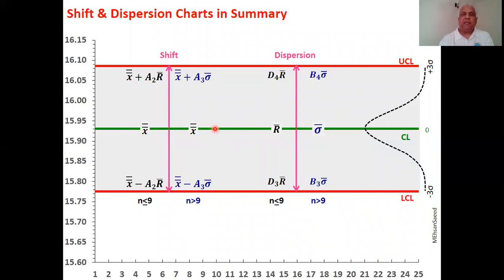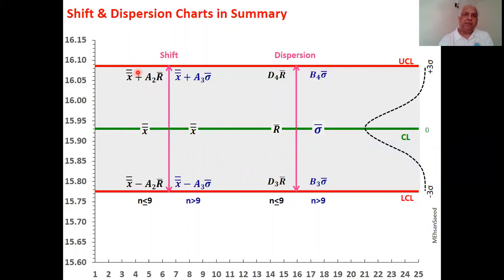That is, the mean of the means is always the center line. Then something plus becomes the upper control limit of the shift, and something minus becomes the lower control limit.